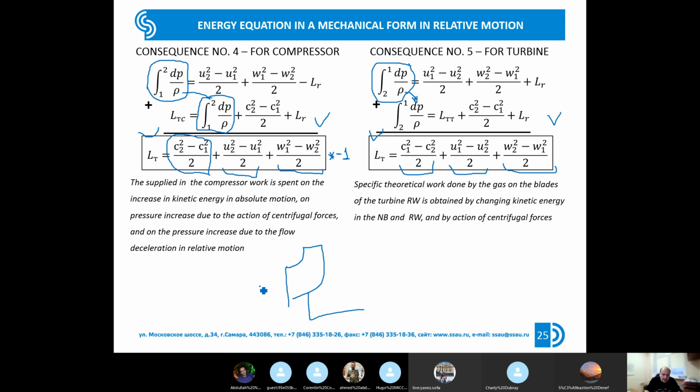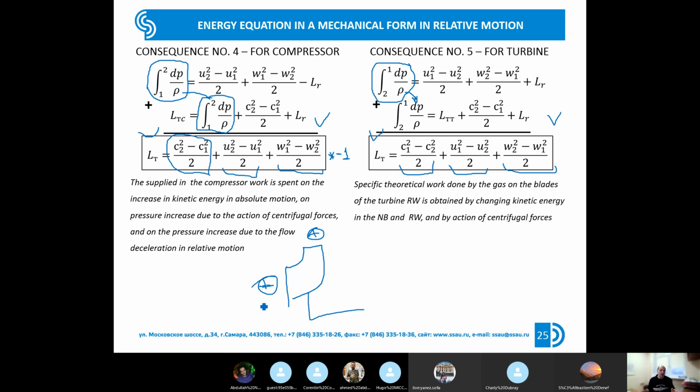And we are creating a pressure difference between the inlet and the outlet. For example, here we put high pressure, here we put low pressure. And I think this compressor, when we are creating the pressure difference between two sections, will work like a turbine. It will create mechanical work.